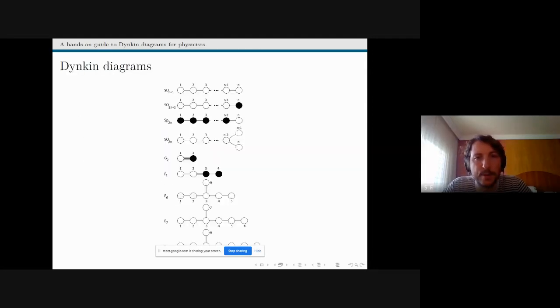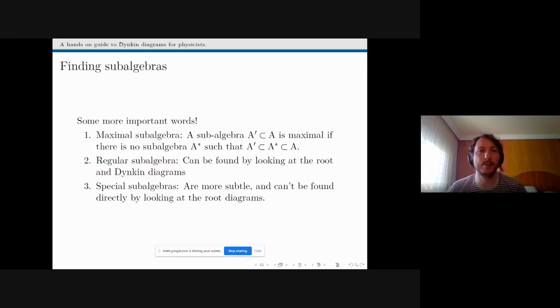All right, so now what I want to do is jump into one of the most beautiful aspects of these plots, and I suppose one of the most useful aspects, and that is finding subalgebras. And I apologize, but I have to introduce some more language in order to do this. So here are some important words that I'll be using through the remainder of the talk.